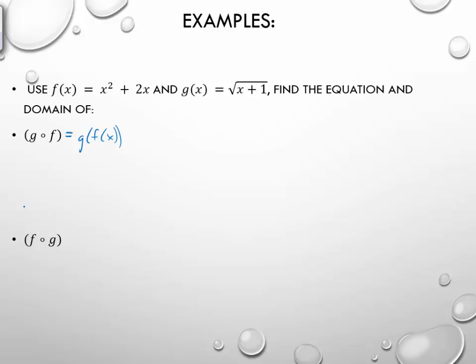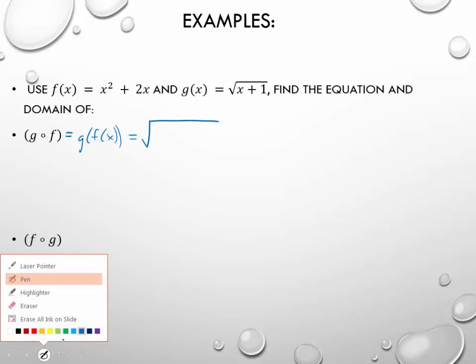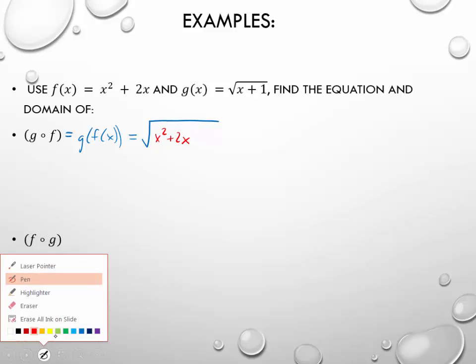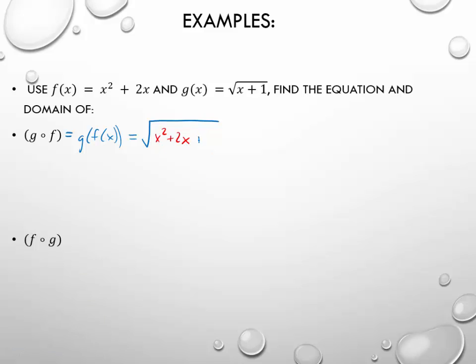So I'm going to take f of x and plug it into g of x. So that equals the square root of x squared plus 2x, parentheses, I can just plug it right in, plus 1.